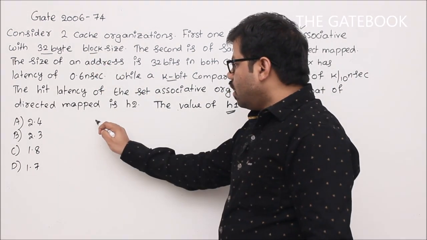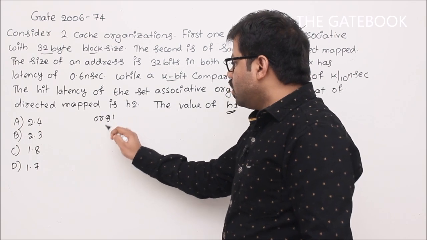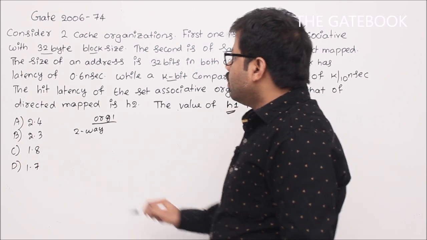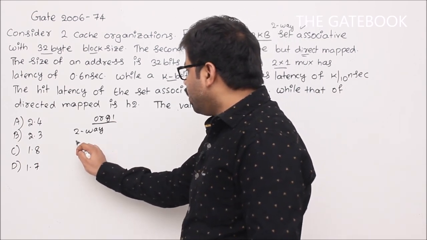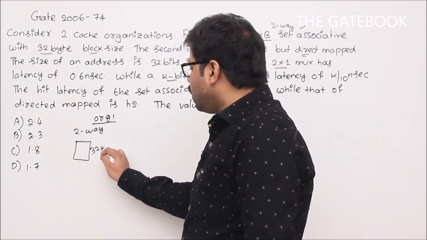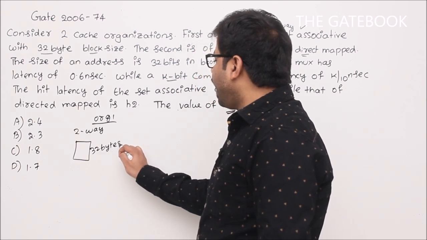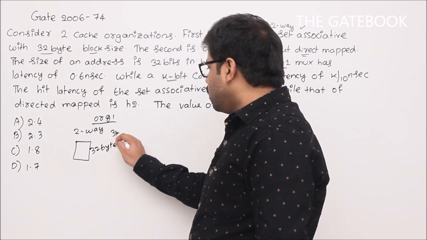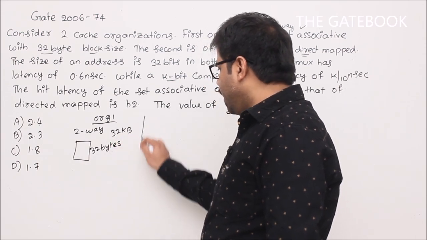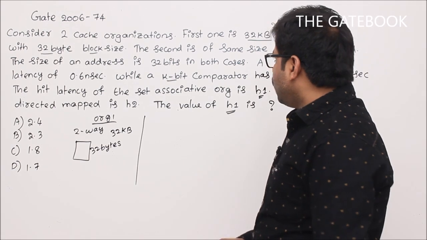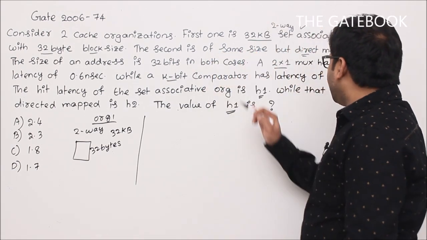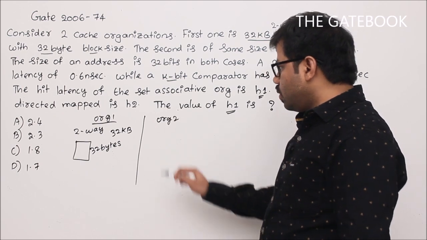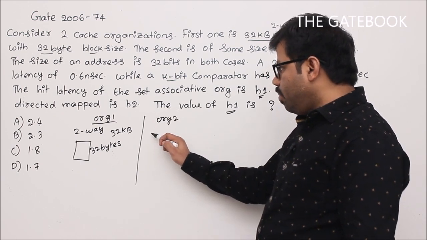Remember, organization number one is set associative, especially two-way, the block size is 32 bytes, and the complete cache size is given: 32 KB. The second is of the same size but direct mapped. Everything is the same here in organization 2, but it is direct mapped.